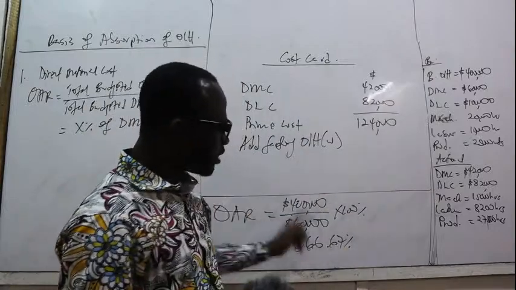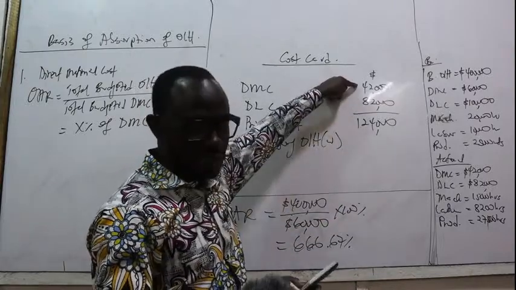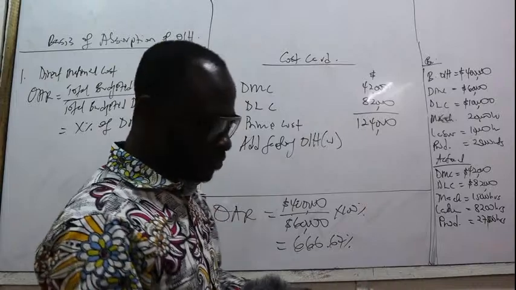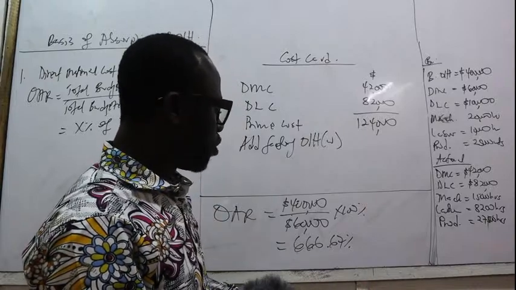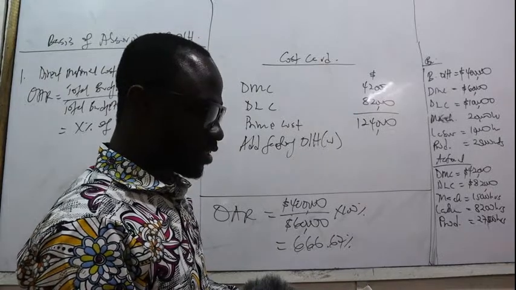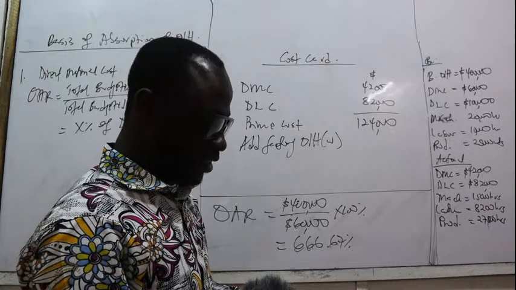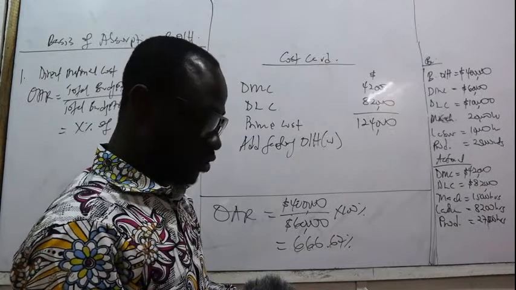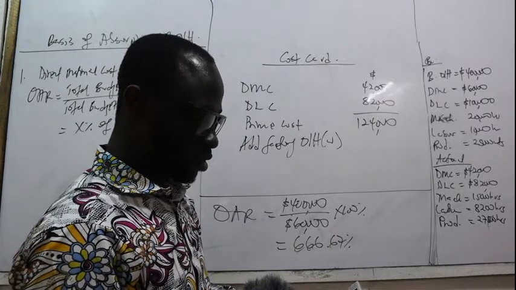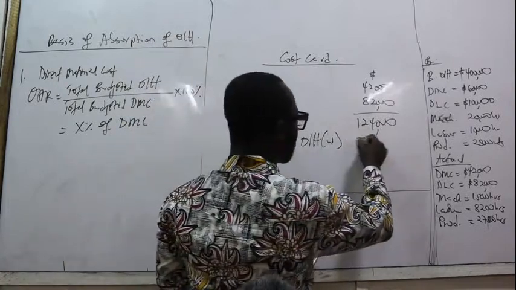So 666.67% of 42,000, and I'm getting 280,001.